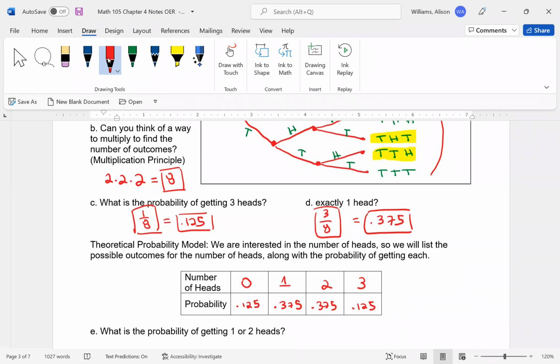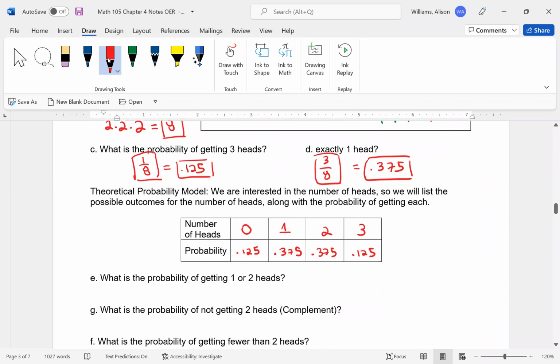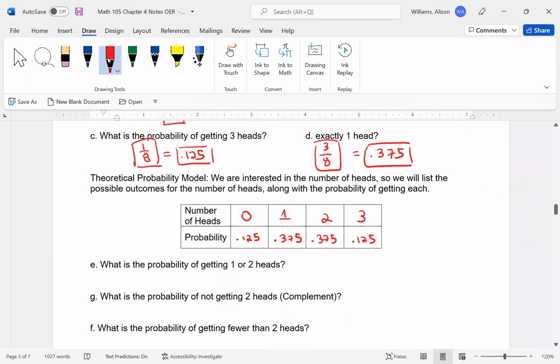So what's the probability of getting 1 or 2 heads? The probability of getting 1 head is 0.375, and the probability of getting 2 heads is also 0.375. I notice we're doing an OR probability. Now with OR probability, we have to be worried that there might be overlap.